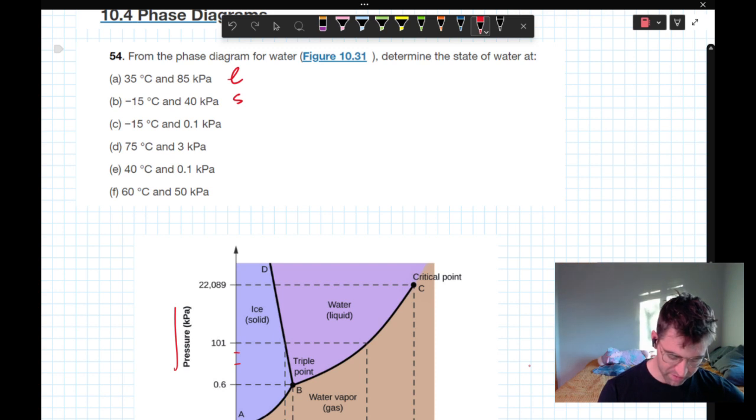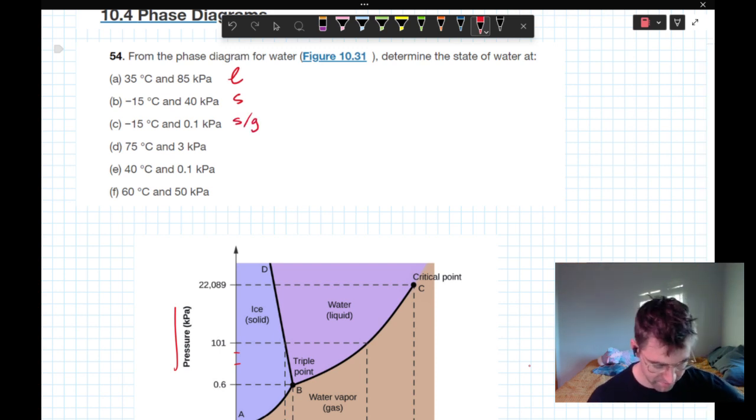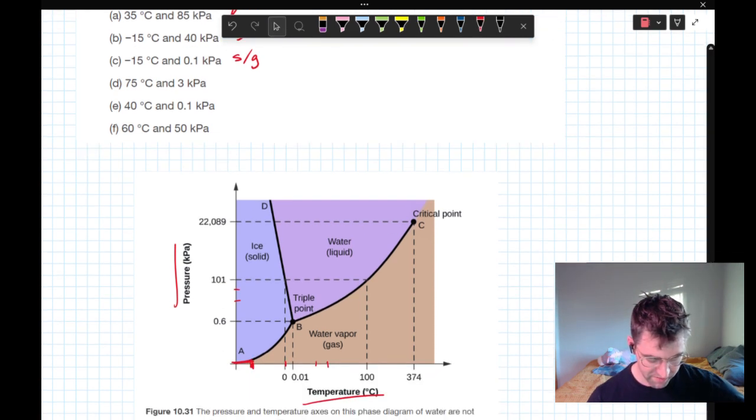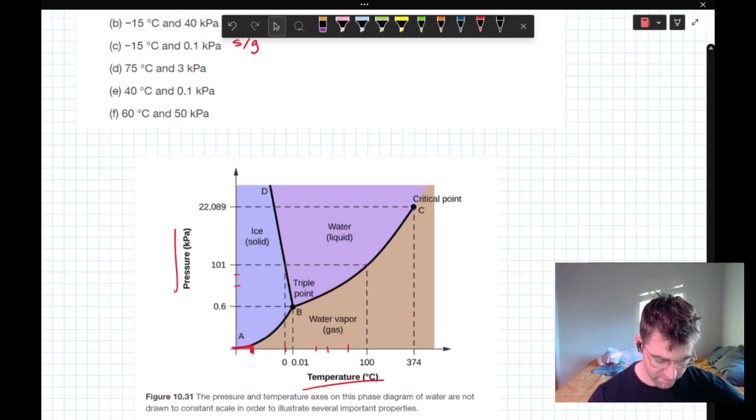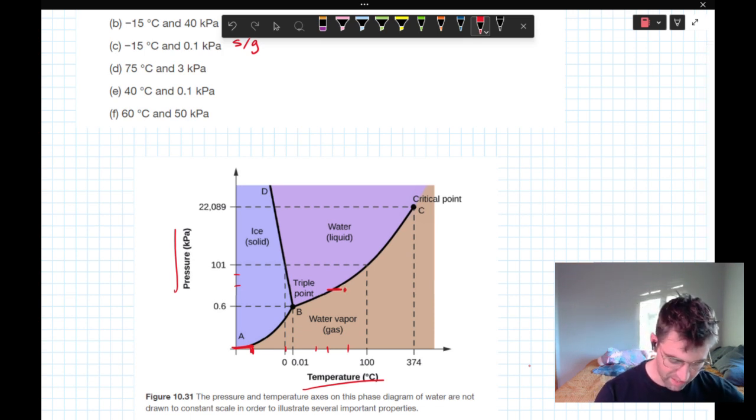So I'm going to write solid slash gas. 75, it's right about there, and 3 kilopascals. This is another close one. I'm going to go ahead and say gas.